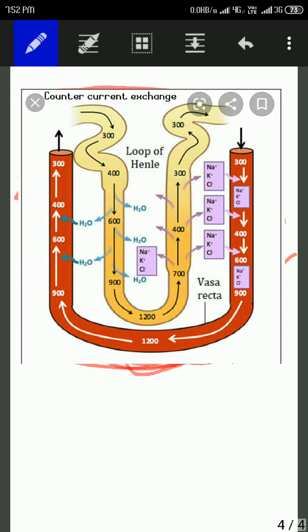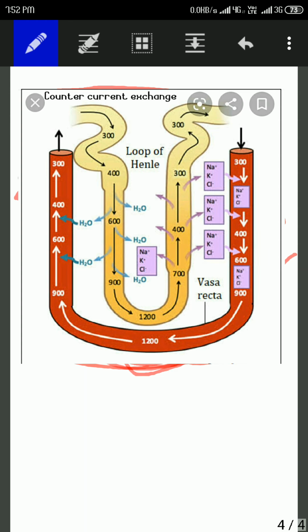Earlier I told you there is a medullary interstitial osmolarity gradient. We have seen that in the cortex it is 300, then in the outer medulla it turns to be 600, then in the inner medulla it turns to be 1200. This concentration gradient is also maintained in the limb of loop of Henle and in the vasa recta.